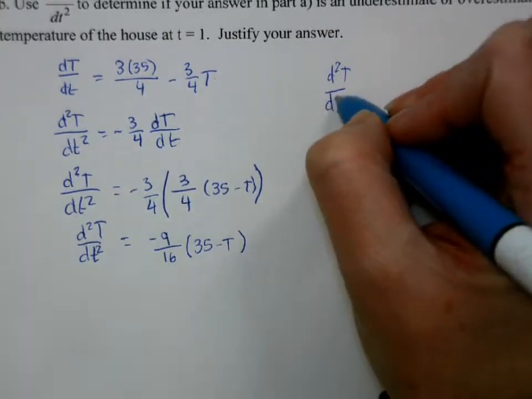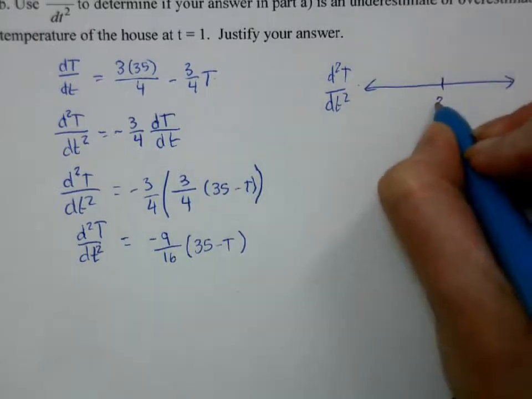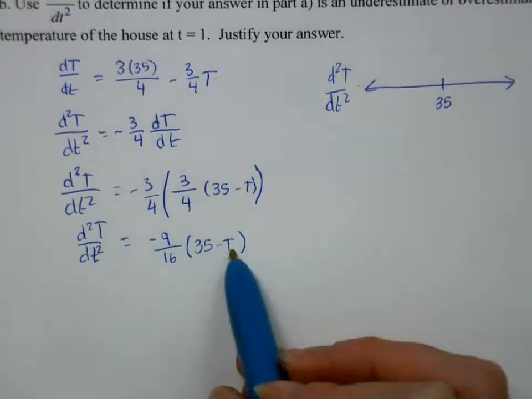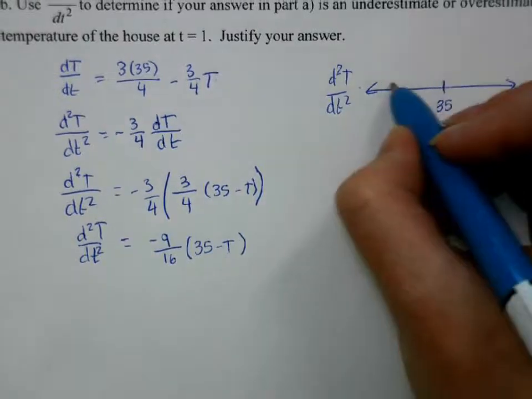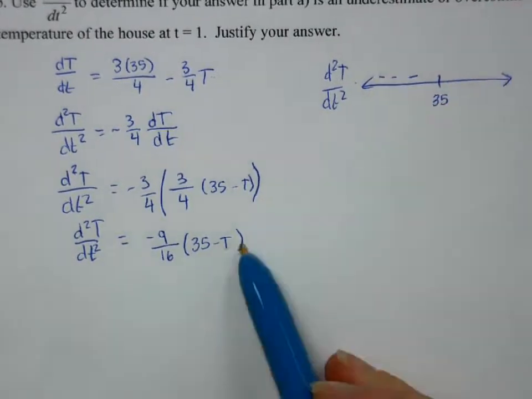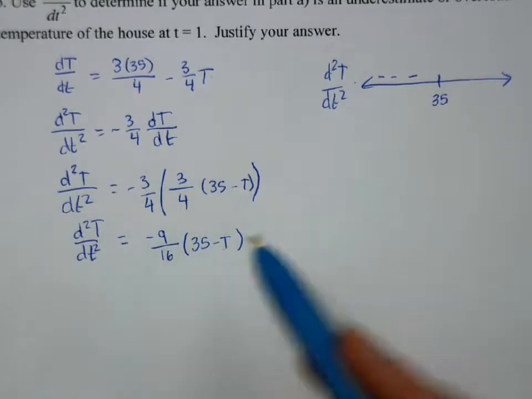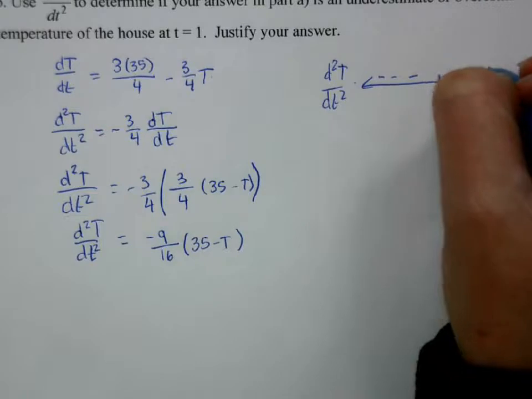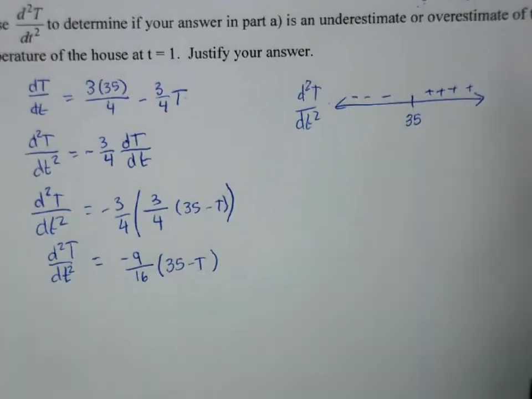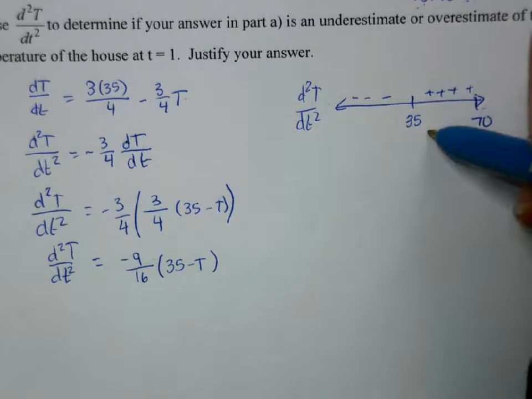Our second derivative will be 0 when the temperature is 35. If I plug in a number less than 35, we get a negative value times negative, so this will be positive. Now, if we think about this situation, the highest this graph is ever going to be is 70 and the lowest is 35. The temperature of the house isn't going to go lower than the surrounding temperature.